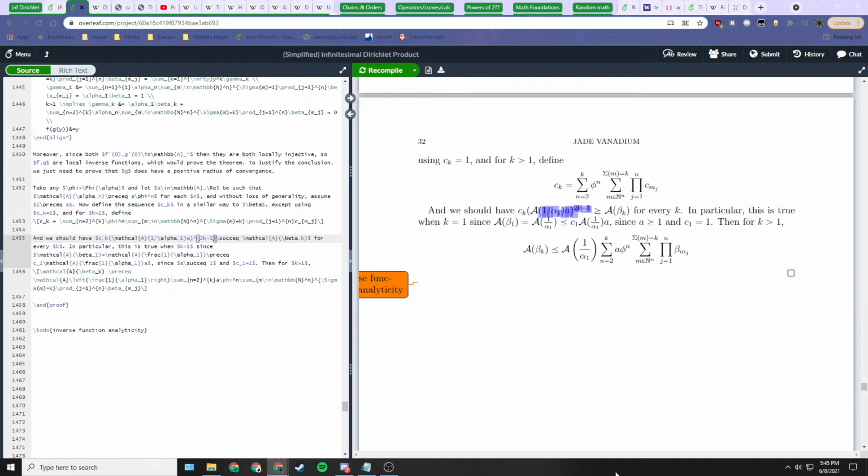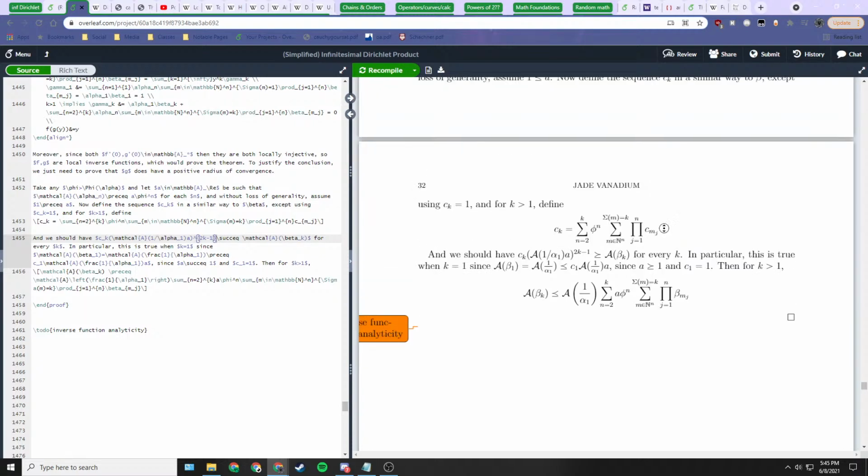Actually, this is really interesting. Anyway, this should still work. It's just very interesting. Now I have to figure out how we're going to add up all these.